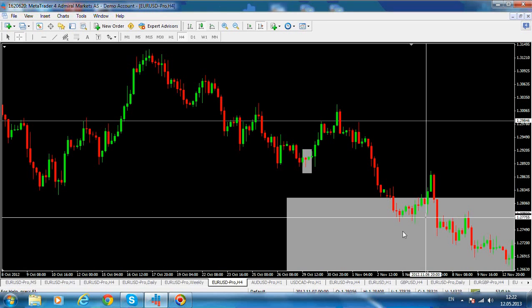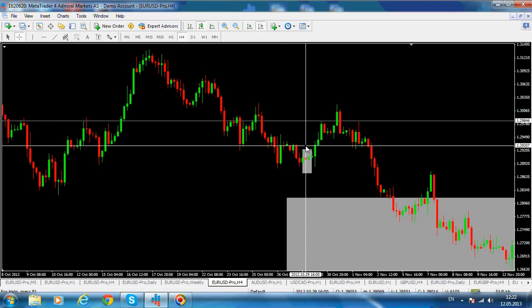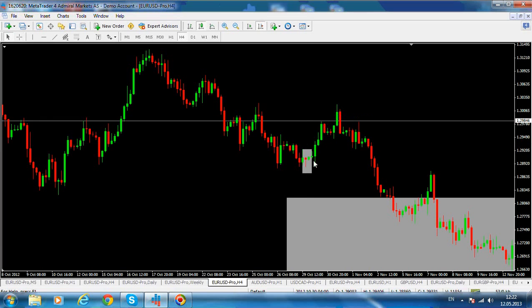It's not an easy task. This is a 4-hour chart, and it goes for 10 candles. So 10 candles multiplied by 4 hours, you have 40 hours that the market reversed based on this hammer.